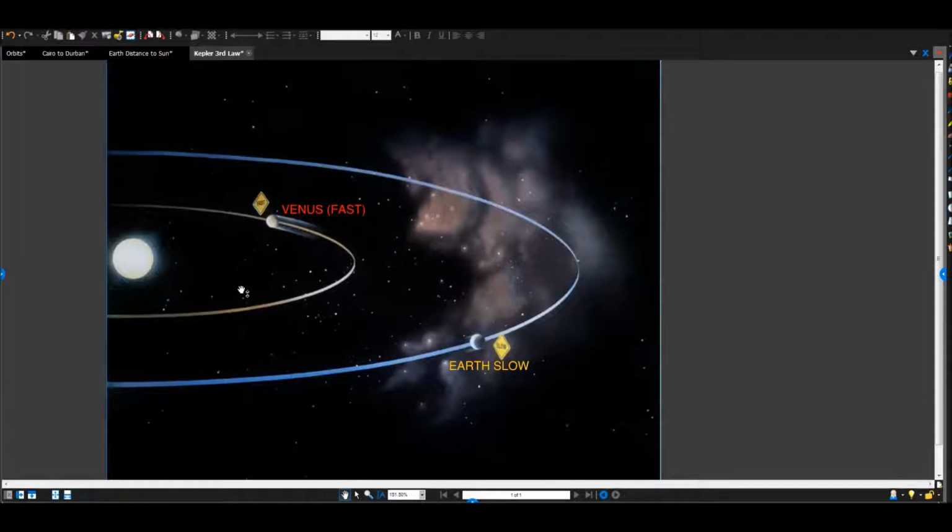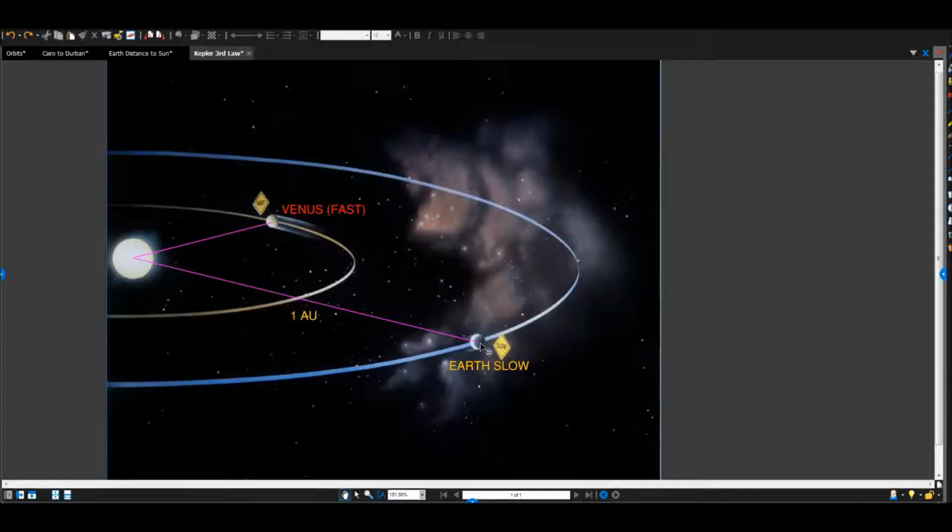But first, let's just see what we really want here. We want this distance, right? We don't know what this distance is, so let's just call it 1. This is 1 astronomical unit, because we don't know what it is in kilometers or in miles.